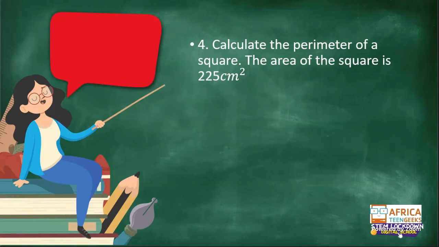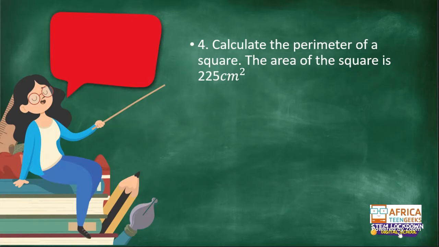I fully agree with you. The perimeter will be 60 centimeters, which is calculated as follows. You take the side of the square there, and then you multiply it by 4, because the reason being all 4 sides are equal. If you don't want to multiply it by 4, you can just add all of them.